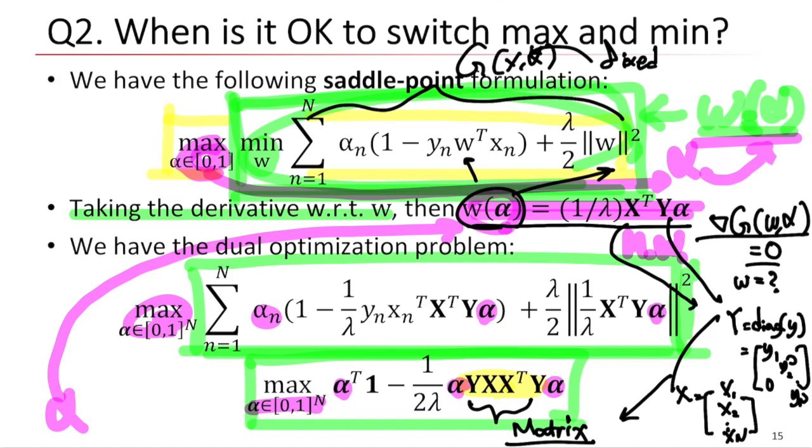Okay, this is our final optimization function in SVM. By the way, in here, this is called the kernel, which will be discussed later in this lecture. Anyway, so this is our final loss function.